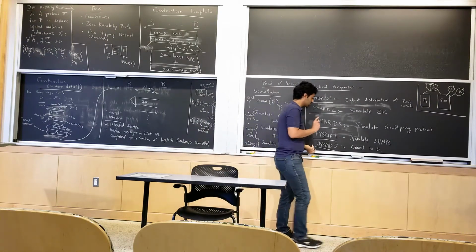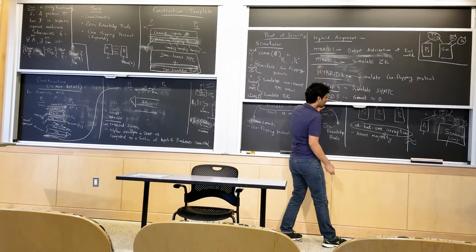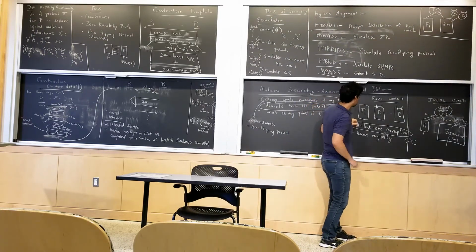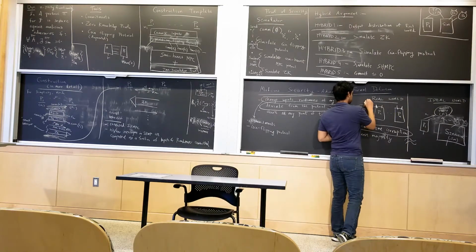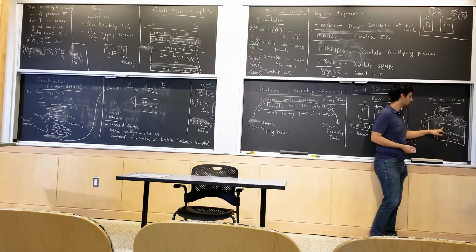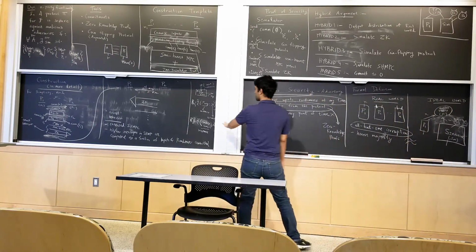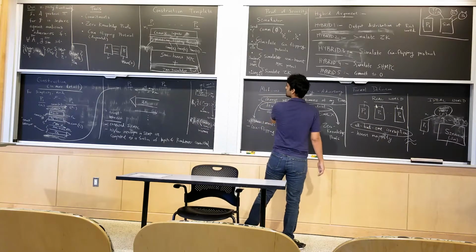Exactly. If P1 commits to 0 here, what is happening is that P1 is going to use x1, and the simulator uses 0. So then the view, we gave the formal definition somewhere. Oh yeah, this view.